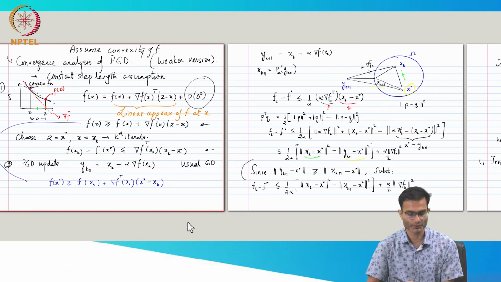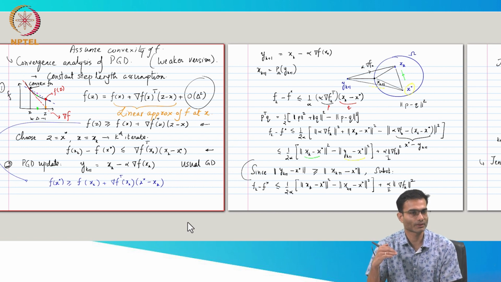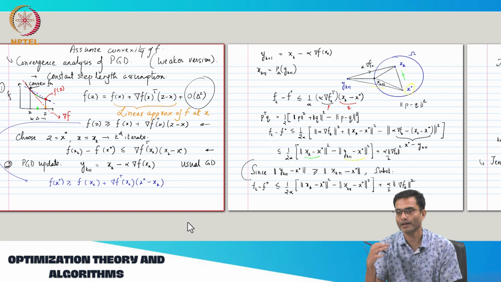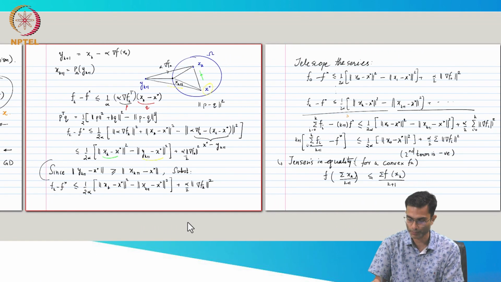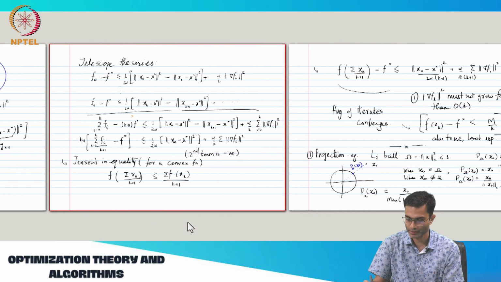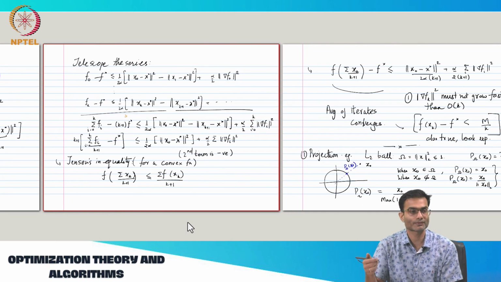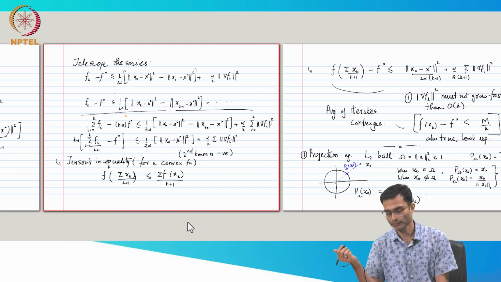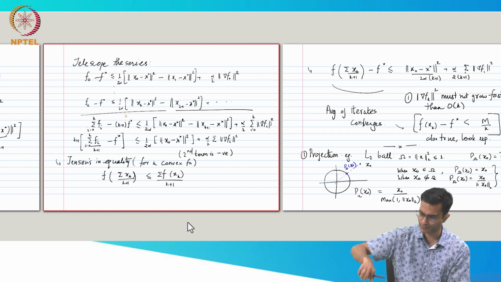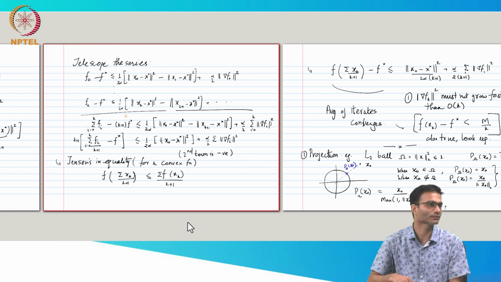The proof was trying to get a telescoping series that I could sum, and along the way obviously I got y, and I tried to get rid of y, I got x, and then I used my Jensen's inequality or property of convex sets, and I got that the final expression here, that the average of the iterates is shown to converge. Okay, and that is a weaker version, but there is also a stronger version.